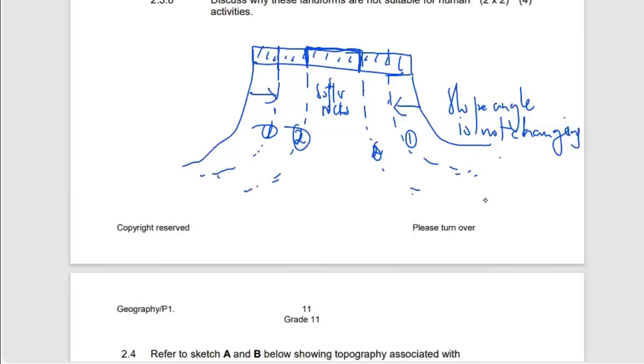And as a result, it is caused by lateral erosion and the angle does not change. So talk of lateral erosion, which is sideways erosion. Lateral erosion is responsible for parallel retreat of the slope. And as a result, the slope angle does not change. The landscape maintains its shape, but however, the size is reduced because the slope will be retreating. It will be moving inwards.